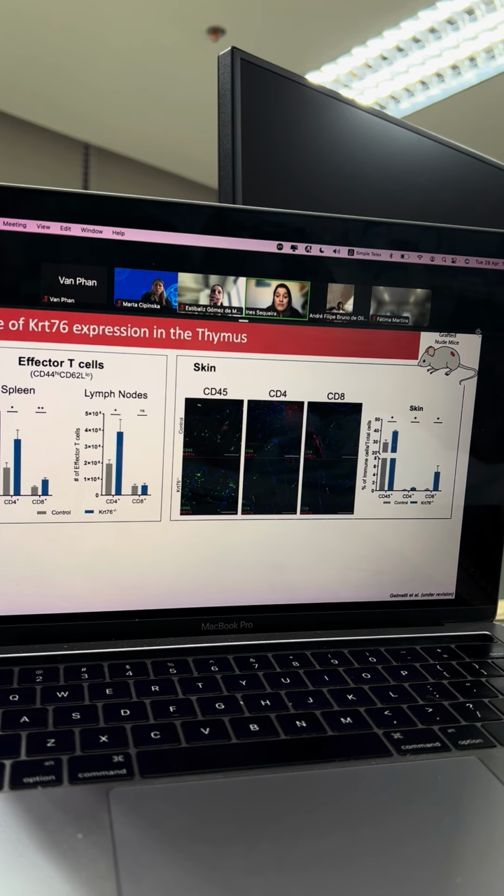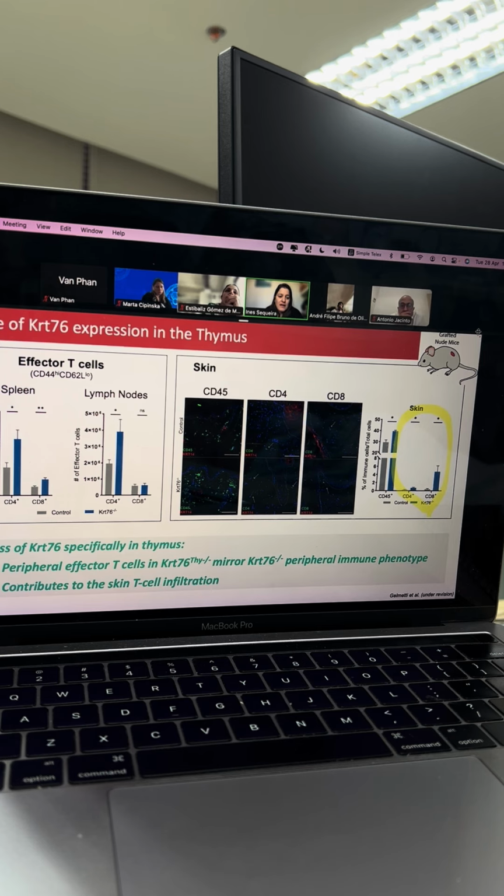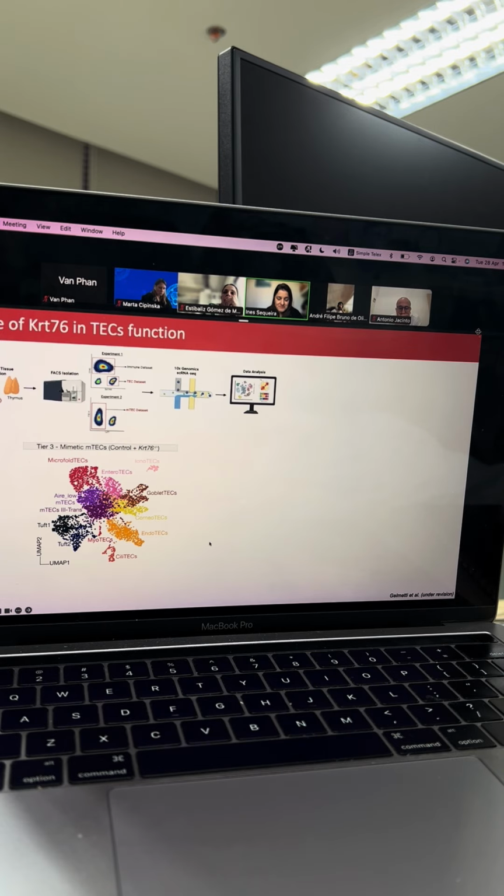And indeed, we were able to show that just by removing keratin 7.6 in the thymus, we could have an increase of the spleen size and lymph nodes, an increase of the effector T cells, and an increase of inflammation of the skin, without any problems in barrier defect or changes in the skin thickness, as we've seen in the total knockout. So it is the loss of keratin 76, specifically in the thymus, that is driving this immune phenotype.